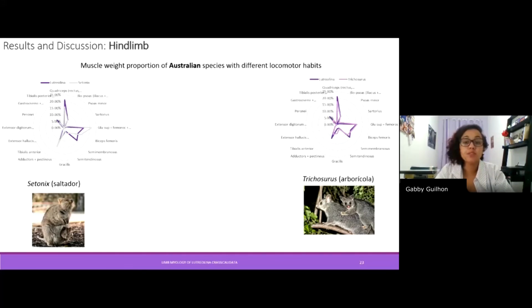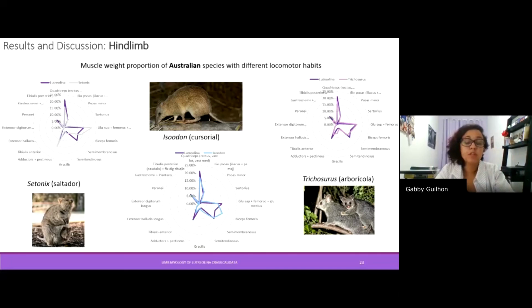Here we have compared with Trichosurus, the common brushtail possum, and we see that actually their distribution is very similar. It's not that different from, for example, Caluromys and Lutreolina. And here we compared with Isoodon, the other cursorial and terrestrial Australian marsupial, and they overlap a little bit, but Isoodon has much more hamstring muscles than Lutreolina, so it probably runs more than Lutreolina.